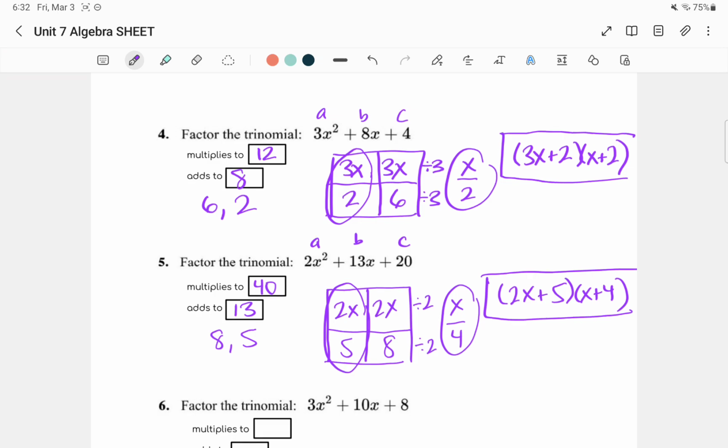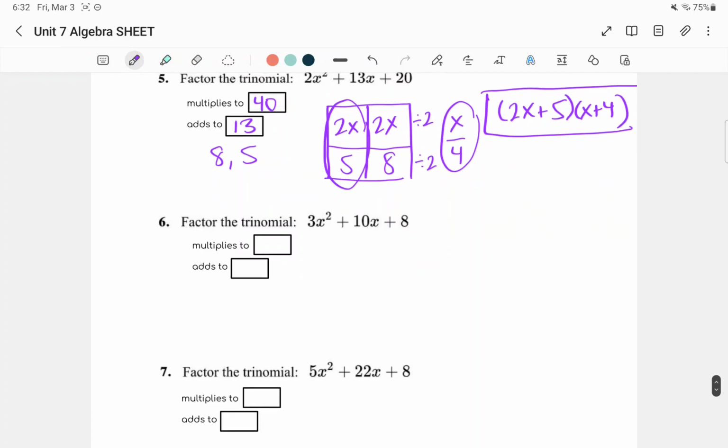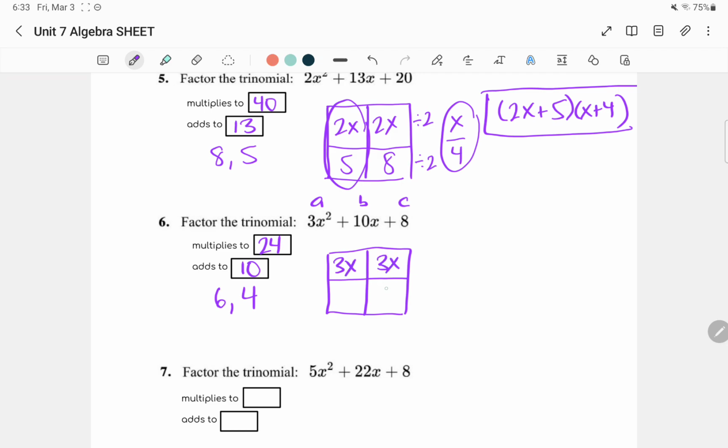Okay. Number 6, let's label. 3 times 8 is 24. So we're going to figure out what multiplies to 24 and adds to 10. And that's going to be 6 and 4. So my window pane is going to have 3x at the top. And then I'm going to put 6 over here, 4 right here.